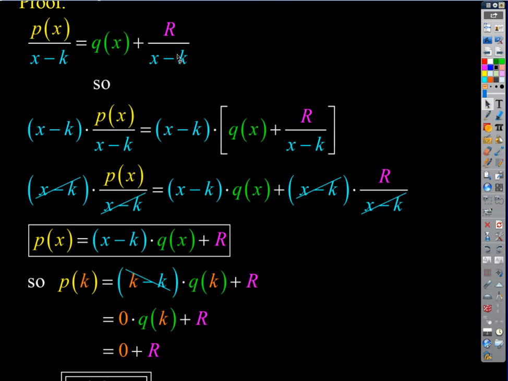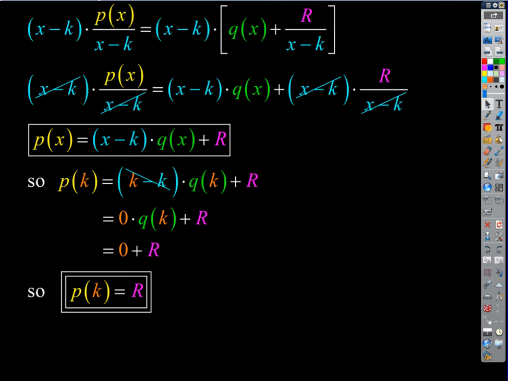Well, what if we evaluate this at x equals k, just in general? If we evaluate this at x equals k, the very same stuff is going to happen. That's going to go to 0, and so we're going to get p of k on the left side, equal to 0 times q of k, who cares? 0 times anything is 0, plus r. So p of k is just always equal to r, okay?